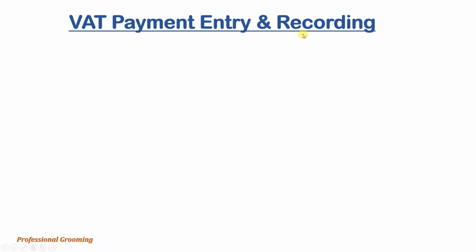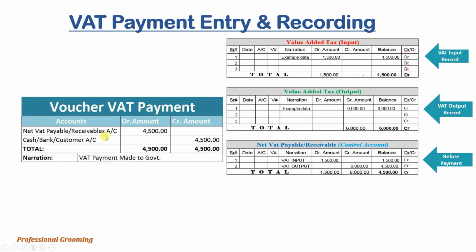VAT payment entry and recording. In the payment voucher, the Net VAT Payable Receivable account will be debited by 4,500, and cash or bank will be credited by 4,500, for the VAT payment made to the government. So here we have recorded the VAT input ledger account 1,500, as you have seen earlier, and the VAT output record 6,000 as credit, and here our control account has a balance of 4,500 before payment.